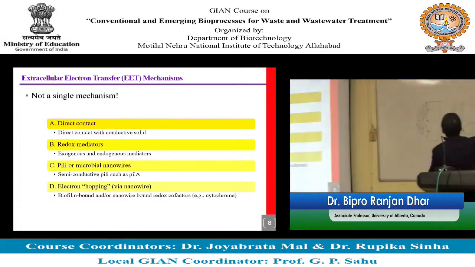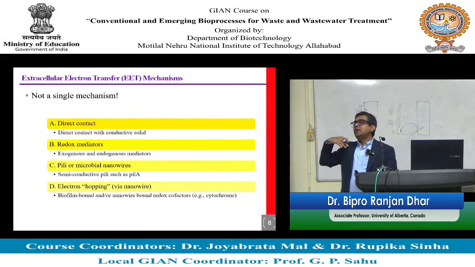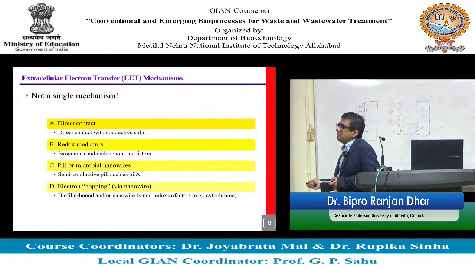So even if they are in the outer layer of the biofilm, they can produce wire and use it to transfer electrons. Sometimes we call them nanowire produced by microbes, or some researchers call them pili, semiconductive pili, and researchers confirmed that those hair-like appendages are semiconductive in nature.